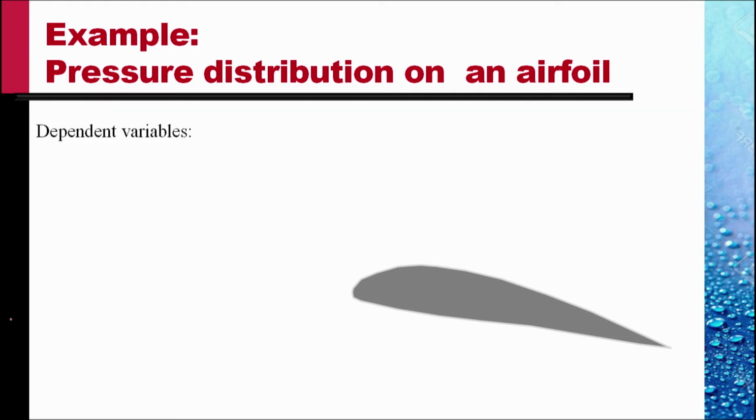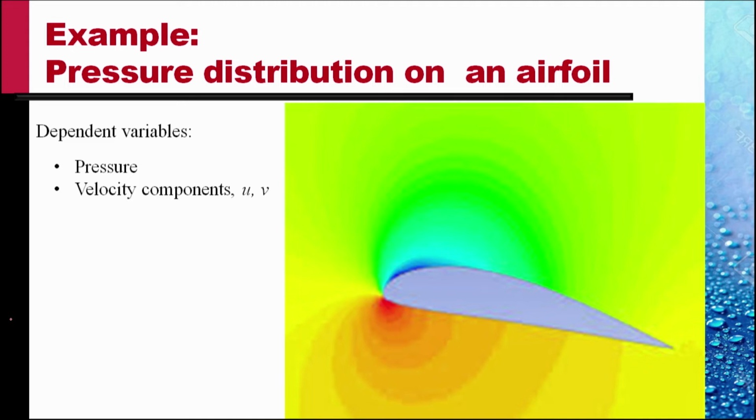Now let's look at dependent variables. Clearly, the pressure and the velocity components u and v on the surface of the airfoil change from point to point on the airfoil. They change with time in unsteady flow. So these are dependent variables. And these produce detailed results.